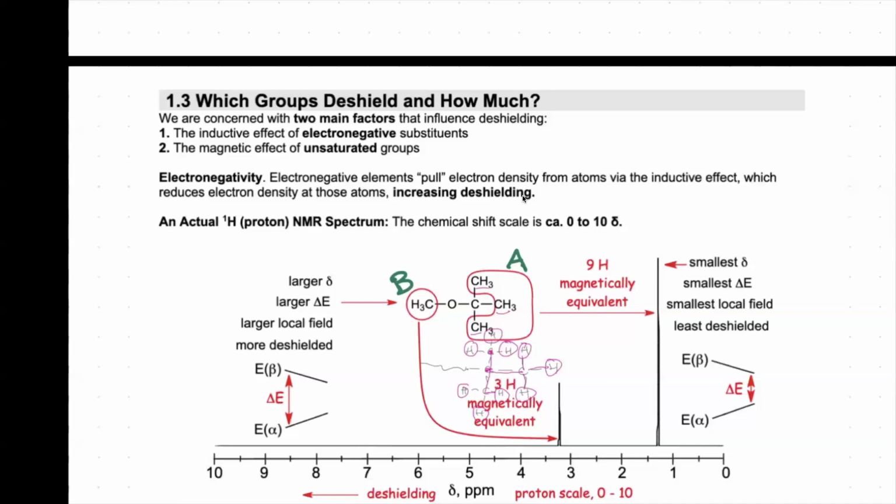Versus, now I'll draw the rest of my structure. Now we have an O, and then another CH3. These hydrogens are bonded directly to a carbon, which is bonded directly to an oxygen.